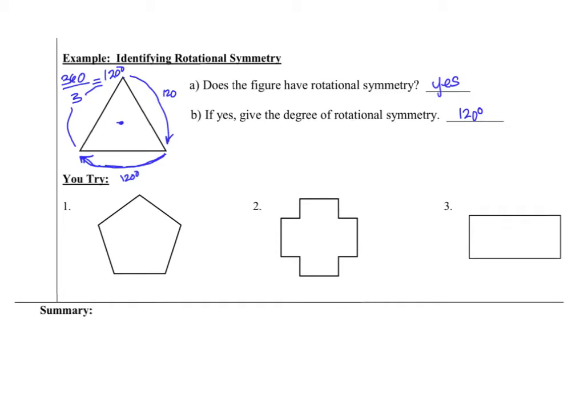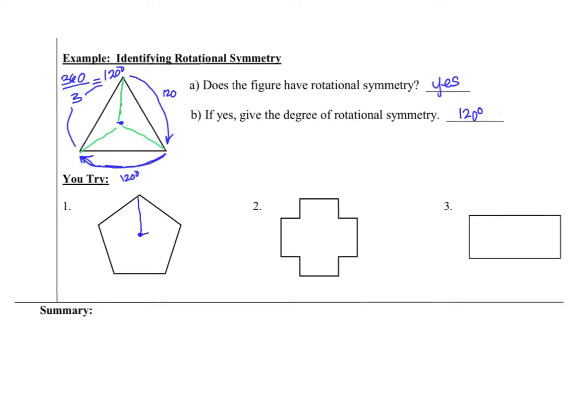Another thing that might help you figure out if it has rotational symmetry is if you drew lines to the center or the pivot point. And if you look, all these shapes look the same. So when I turn it, it's still going to look the same. So let's try that in number 1. If I were to break these up into triangles, so let's put a pivot point in the middle.